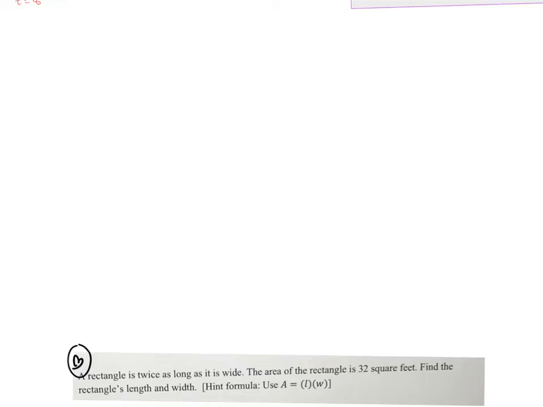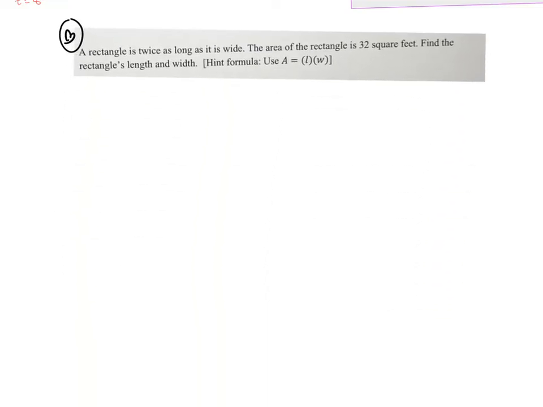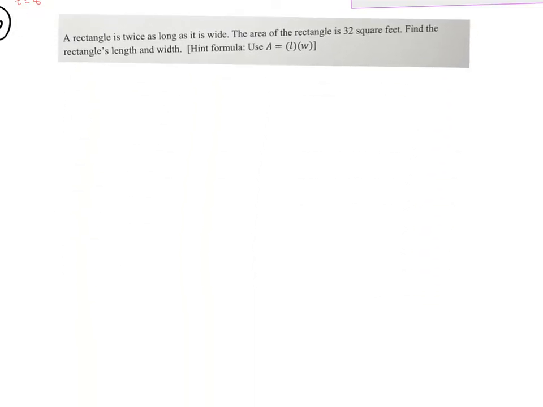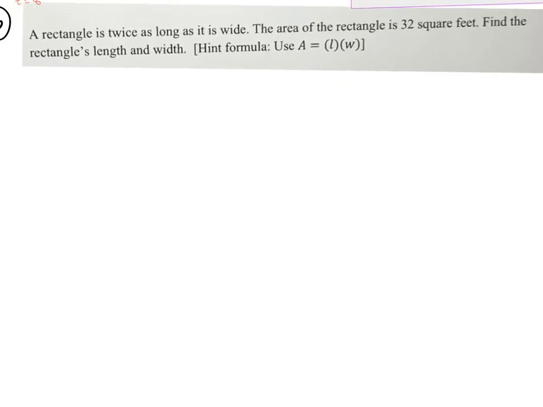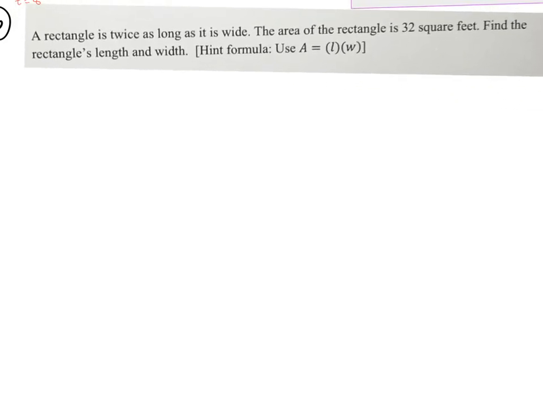The next real-world problem is going to be an area problem where it's going to tell you a rectangle is either twice as long or 3 times as long or 4 times as long, but the relevant part is that twice is 2 times. So in this case, a rectangle, I picture a rectangle, is twice as long as it is wide. So if this is the width, this is 2 times the width.